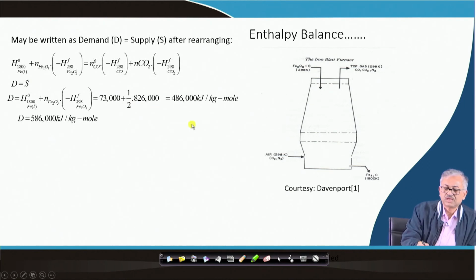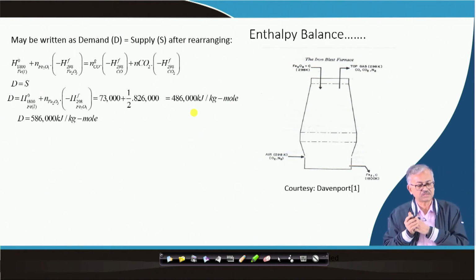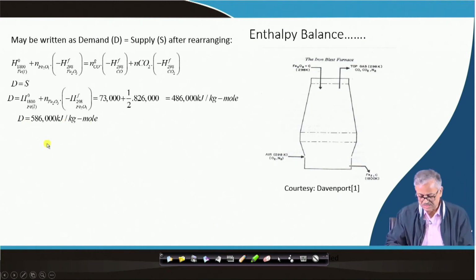So, this totals around 486,000 kilojoule per kg mole, right. And if you consider the slag formation also, and add another 100,000 kilojoule per kg mole of heat demand for slag formation, it will come around 586,000 kilojoule per kg mole. Okay. So, this is the demand.